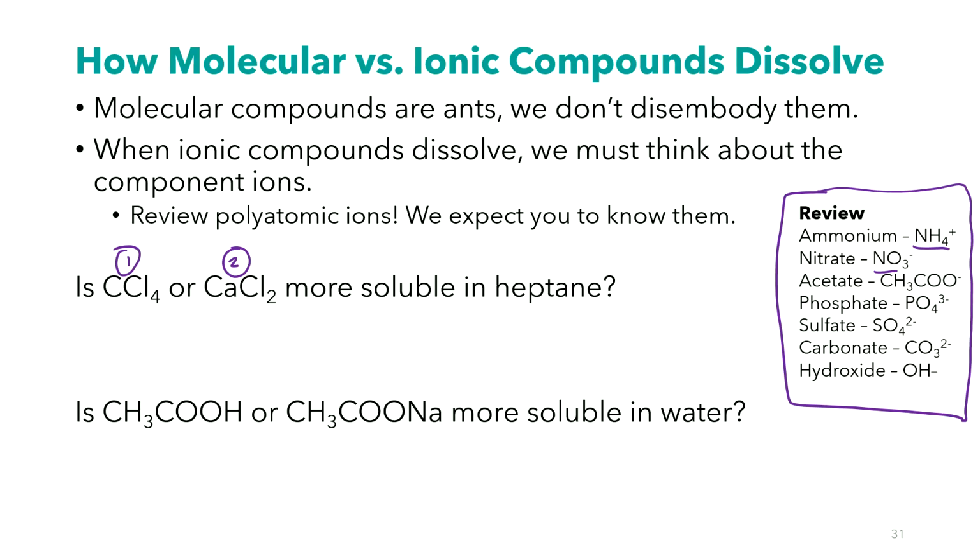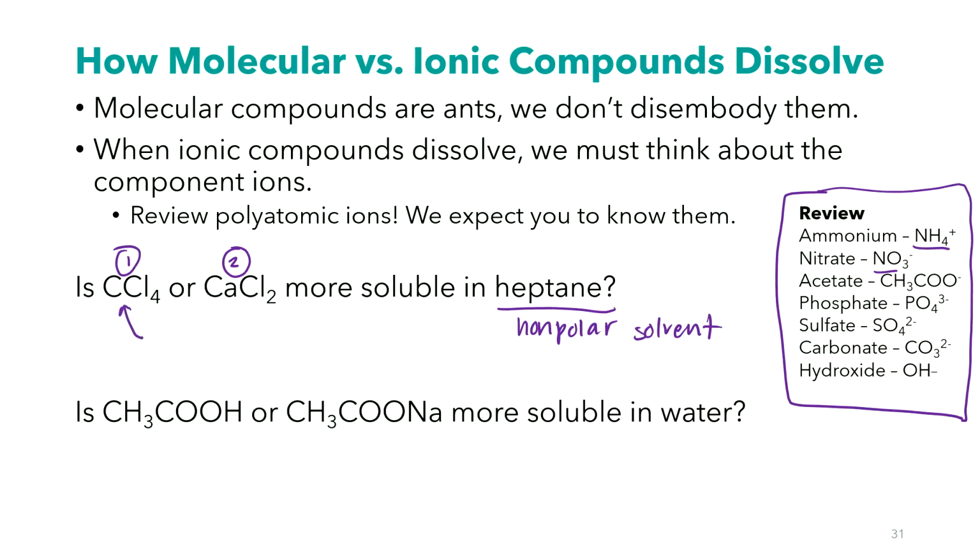Remember, heptane, our non-polar solvent, does not form strong enough interactions with an ionic compound to make that ionic compound split up into Ca2 plus and Cl minus. Okay, CCl4, remember that was our caveat that this is a non-polar.